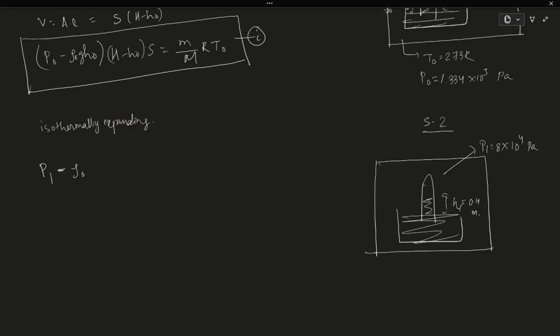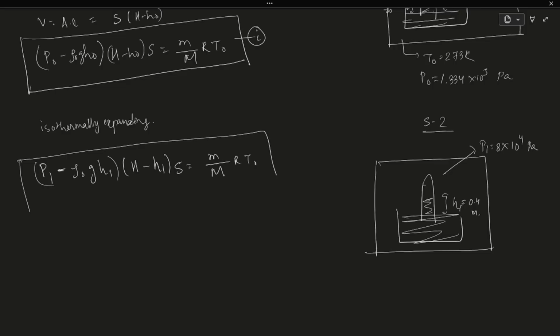As the temperature is the same, the density of mercury will be the same. The height is changed. Capital H, the tube's length, is constant, right? It is written not to consider any expansion of the glass tube. So H minus h1 into S equals M by capital M, as mass is constant, R T naught. This is equation 2.